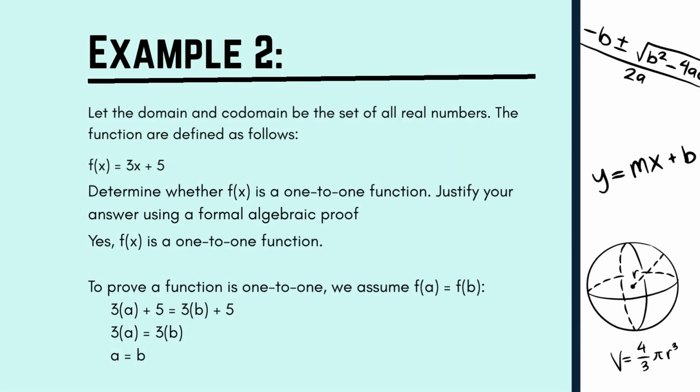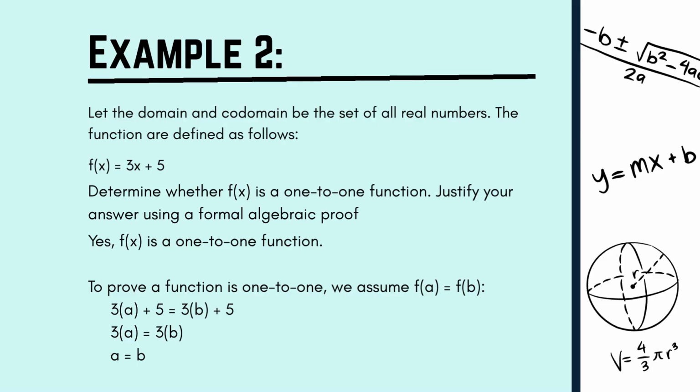Example 2. Let the domain and codomain be the set of all real numbers. The function is defined as follows: f(x) equal to 3x plus 5. Determine whether f(x) is a one-to-one function. Justify your answer using a formal algebraic proof.